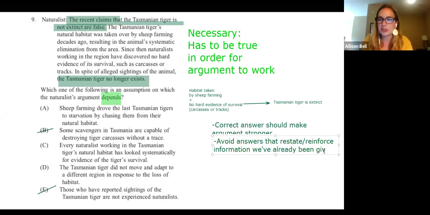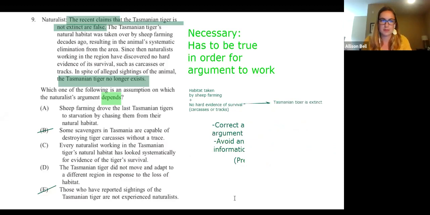Do you see any answers like that? We call them premise boosters. Okay, I see a couple of people seeing A.